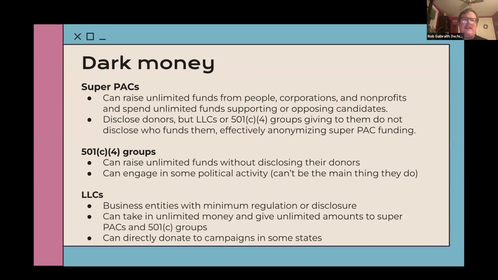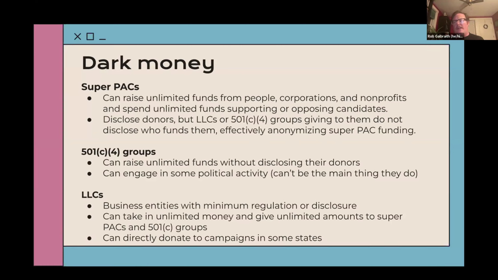So the first thing is super PACs. Like Molly talked about at the beginning of this presentation, super PACs can raise unlimited money from people, corporations, and nonprofit organizations that are allowed to give, and they can spend unlimited money supporting or opposing candidates. Now, super PACs do have to disclose their donors, but many of the groups that donate to super PACs do not.